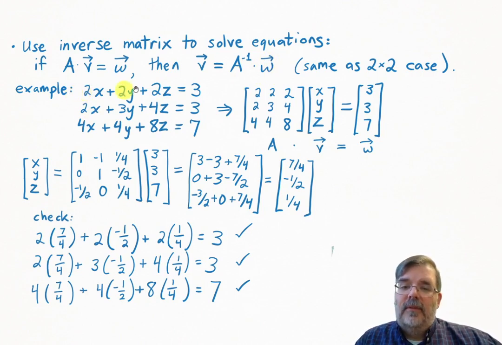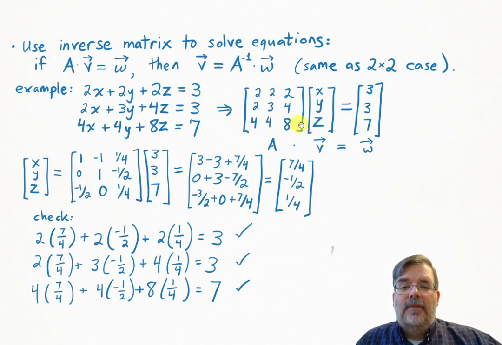So for example, let's say you have this system of equations. 2x plus 2y plus 2z equals 3, 2x plus 3y plus 4z equals 3, and 4x plus 4y plus 8z equals 7. First, we could rewrite that as a matrix equation. And here's our matrix A. Very thankfully, we just calculated the inverse of this matrix.